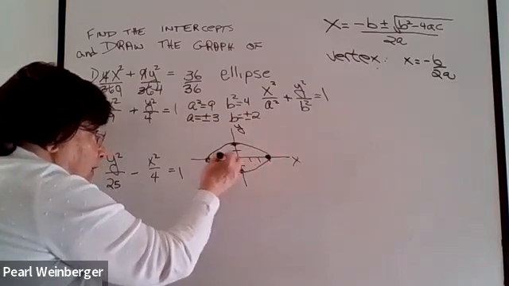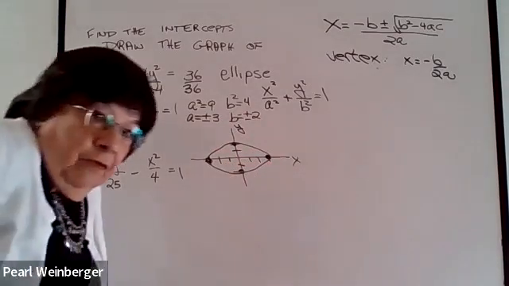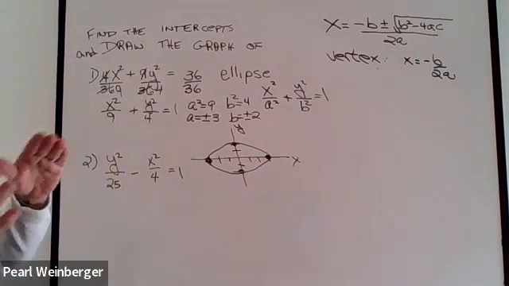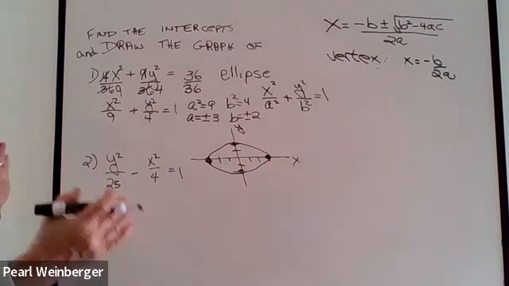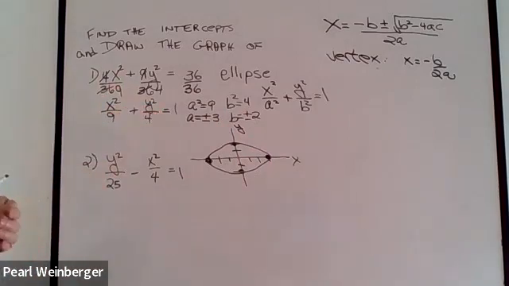So you should have gotten something that looks like this. An oval shape, flattened. So it's longer along the x-axis and shorter along the y-axis.